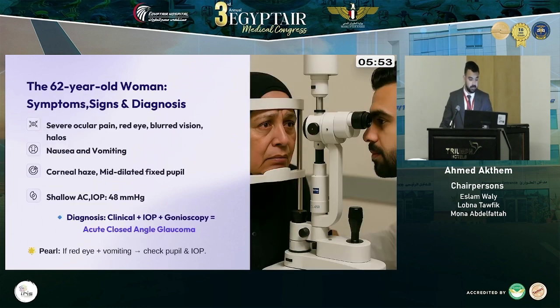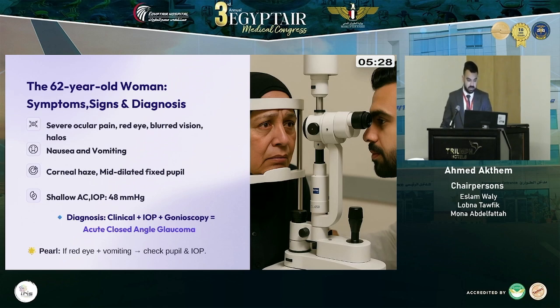The second patient is a 62-year-old woman, as you can see in this photo generated by AI, that a doctor that supposedly looks like me is examining the patient. The patient, as I've mentioned before, has severe ocular pain, red eye, blurred vision, and halos, and presented with nausea and vomiting.